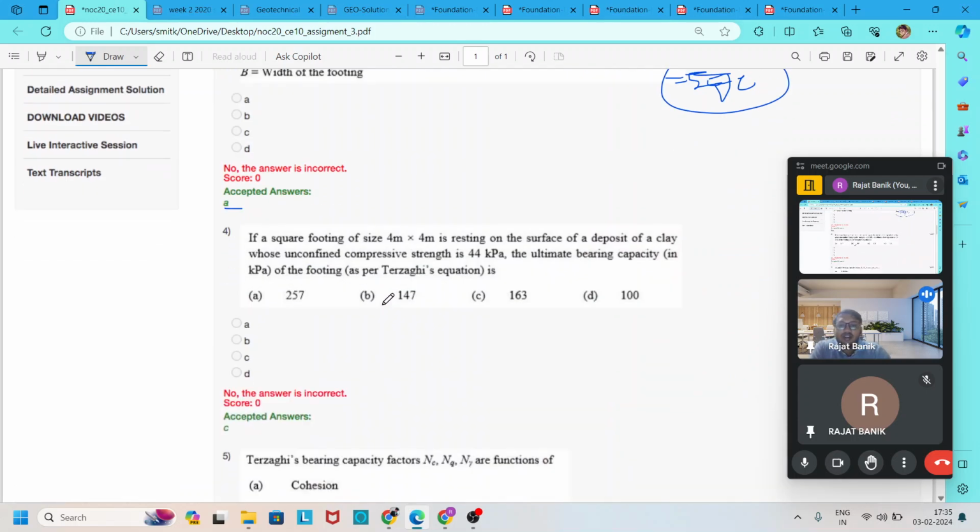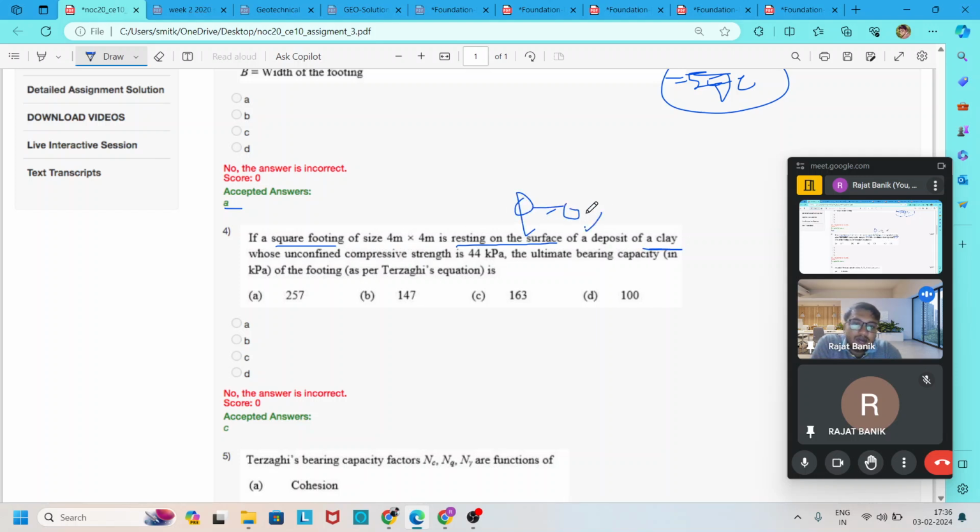Then it is said that there is a square footing of size 4 meter by 4 meter. Before solving the problem, you should carefully go line by line and try to underline the keywords, like square footing. Then resting on the surface of a clay is given, which means phi is equal to 0.